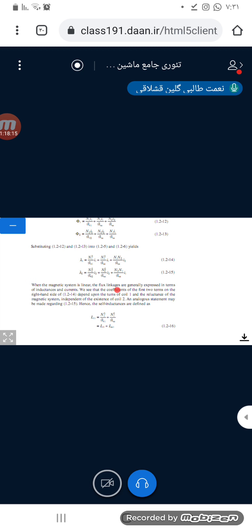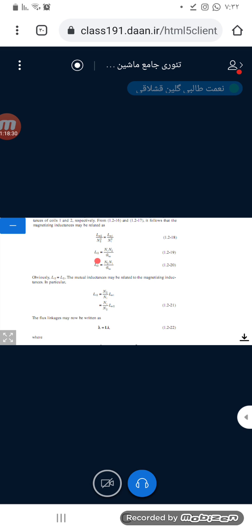See here, you can see this one and this one. These two parts are equal. This shows us that L12 equals L21, which means the flux linking from circuit 1 to circuit 2 is equal to the flux linking from circuit 2 to circuit 1.